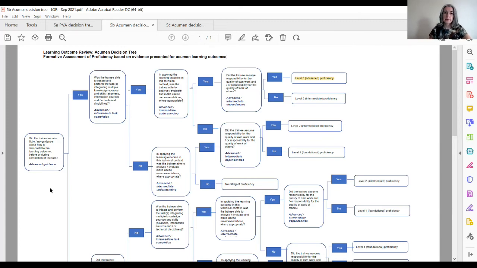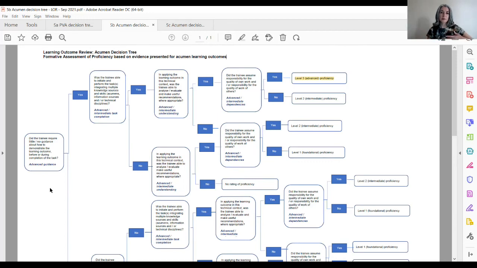Was the trainee able to initiate and perform the task integrating multiple knowledge sources and skills? And that could be other acumens, it could be information sources, it could be technical disciplines, integration of those. If the trainee was integrating, then we're starting to enter advanced and intermediate task completion.